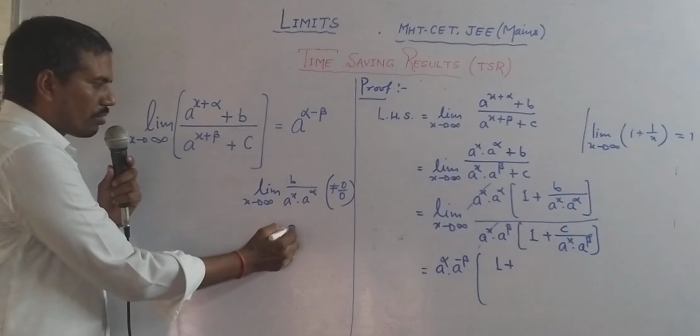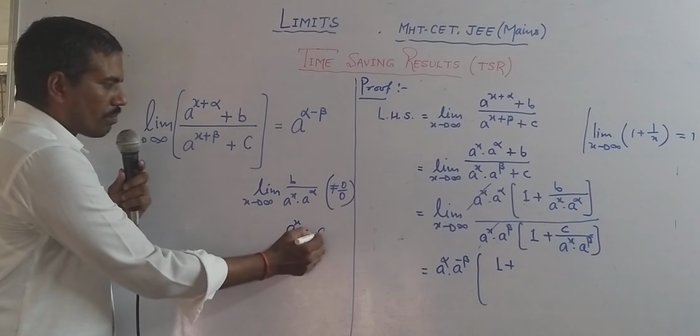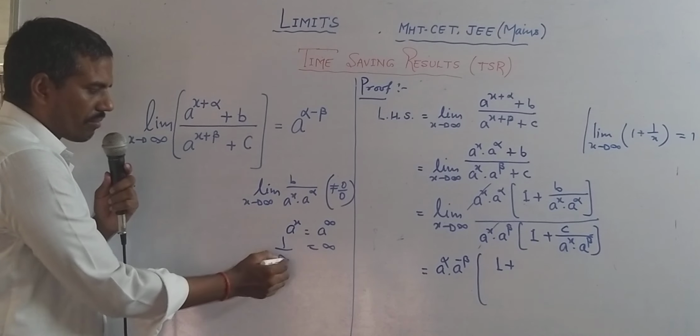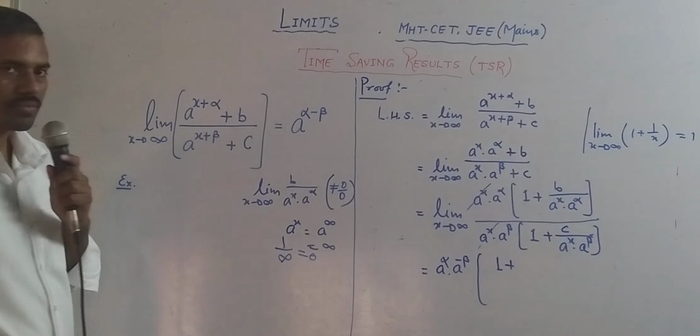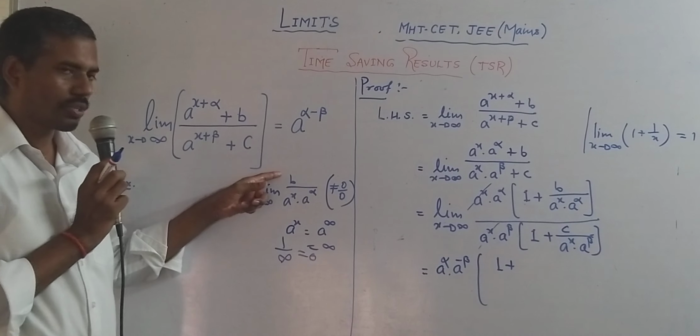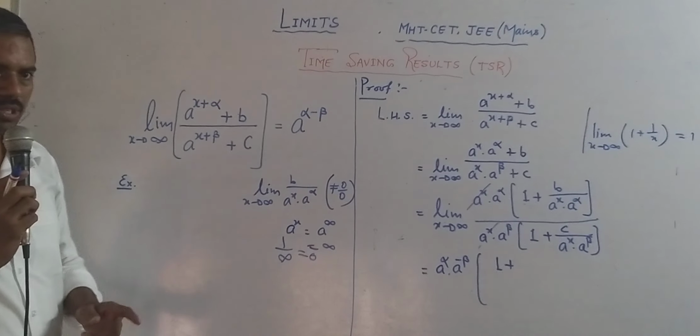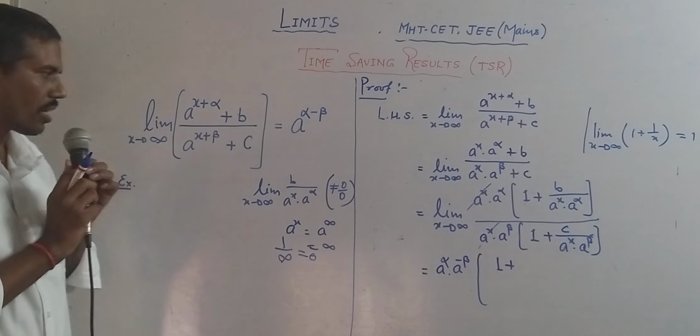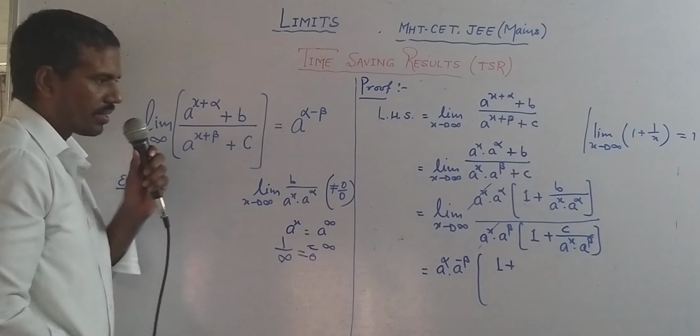Since a to the power x means a to the power infinity is also infinity, and something divided by infinity is 0. Since the numerator is not equal to 0, this is not 0 by 0, so we can apply the limit directly.